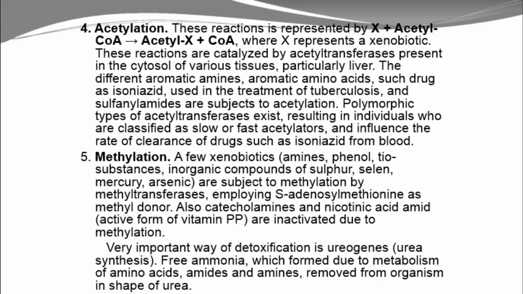Number 5, the last one, is methylation. Certain xenobiotics, such as amines, phenol, these compounds may get methylated and may become less toxic as well. So basically, these are the 5 reactions that take place in phase 2. So do remember about these 5 reactions.